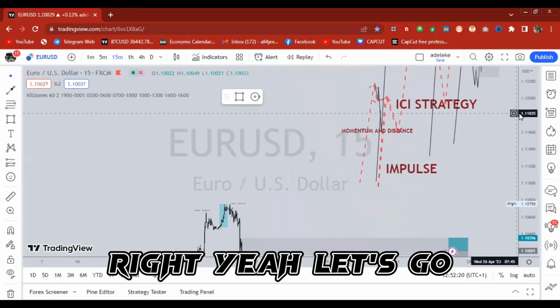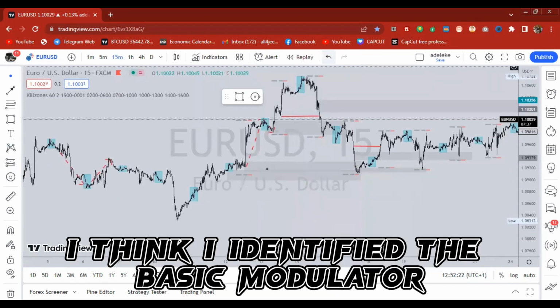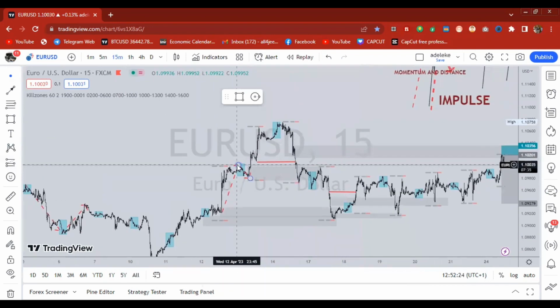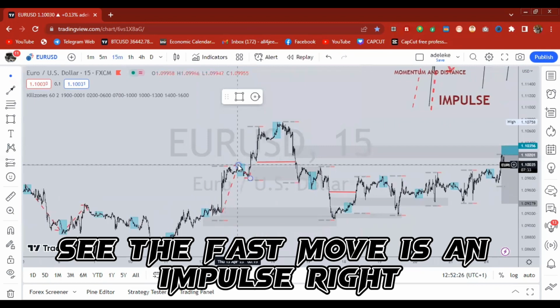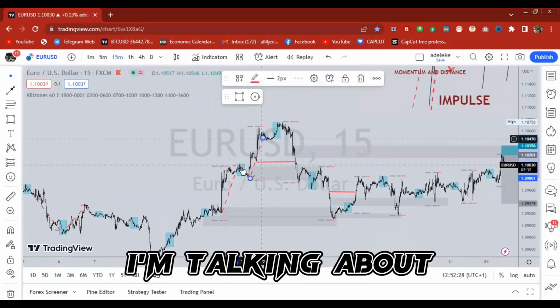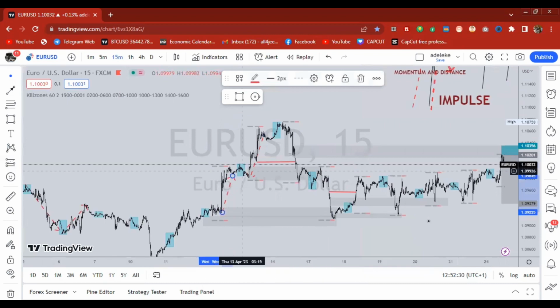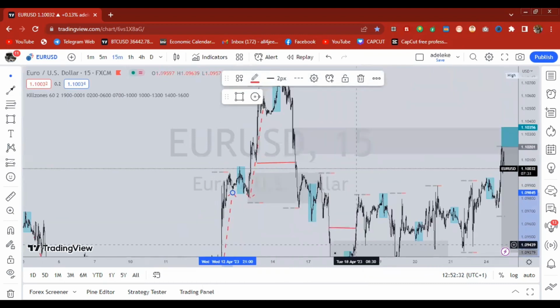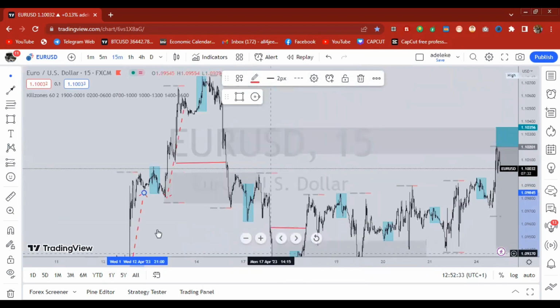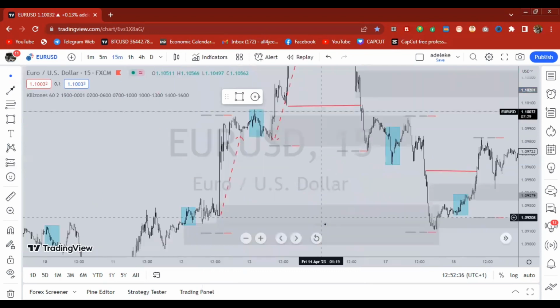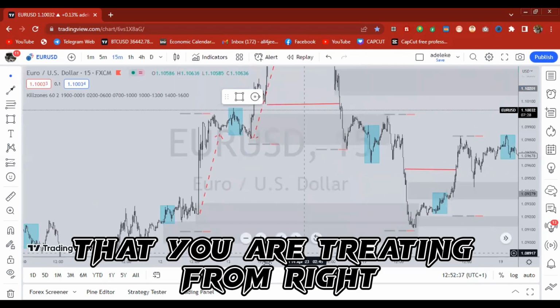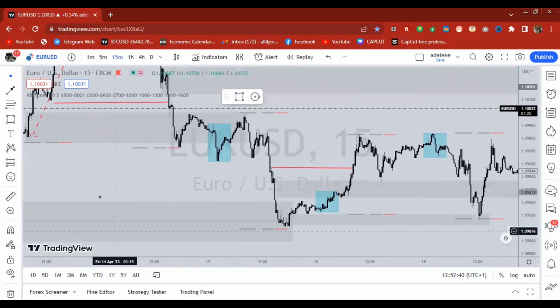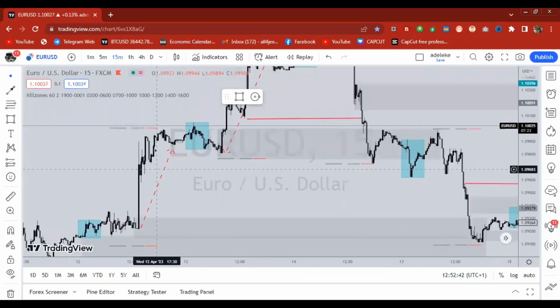Right? Yeah, let's go. So I think I identified the impulsive move the other time. See, the fast move is an impulse, right? I'm talking about this. It's an impulse, depending on the time frame that you are trading from. See, it's very fast.